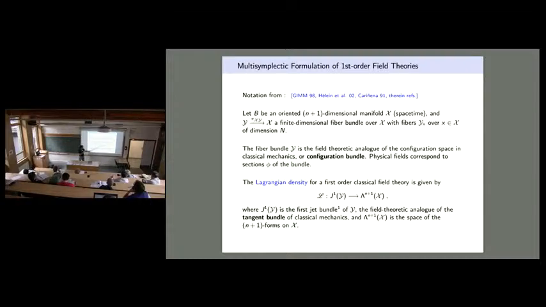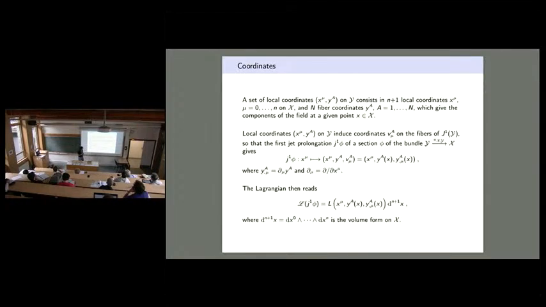Now this is an n+1 form defined over the base manifold X, which is n+1 too. So you can introduce local coordinates there. You have coordinates for your space-time, so for your base manifold. You have coordinates for your fields.